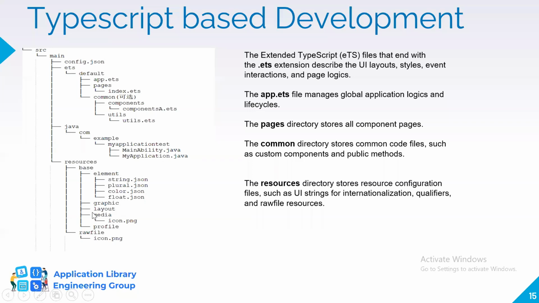Then that particular folder will be referred to only for the application which is running on a phone. But by default, this will be the folder structure. Within the base element, you will maintain the JSON files. Each of these files we'll explore later. Graphics, layout, media, and any raw files which you want to use in your application, you can place in this particular folder.